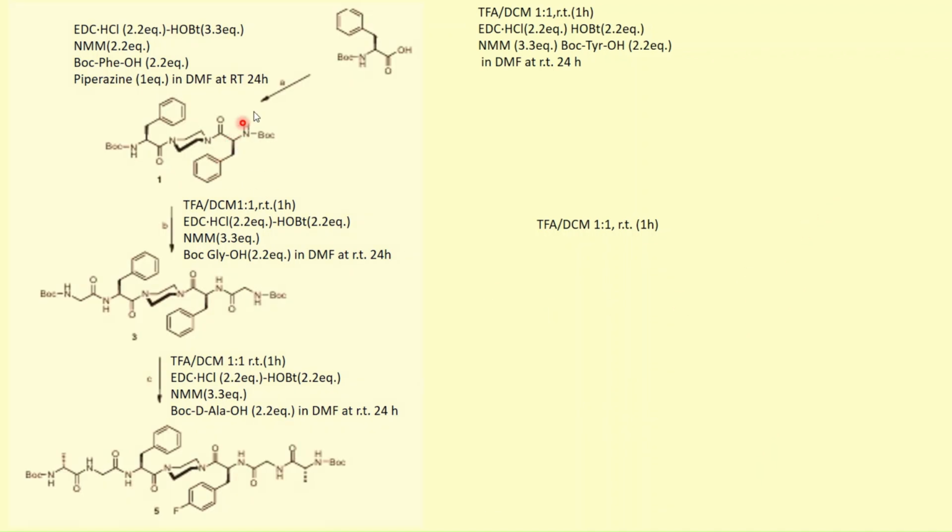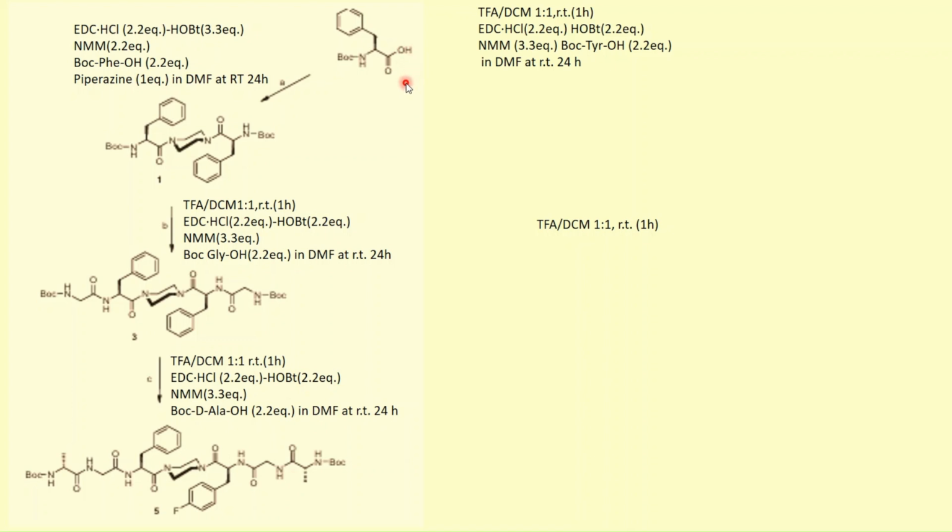Here you see they took Boc protected phenylalanine and they activated the carboxylic acid by treating with dicyclohexylcarbodiimide and hydroxybenzotriazole in the presence of N-methylmorpholine as a base, where these get activated into benzotriazole ester.